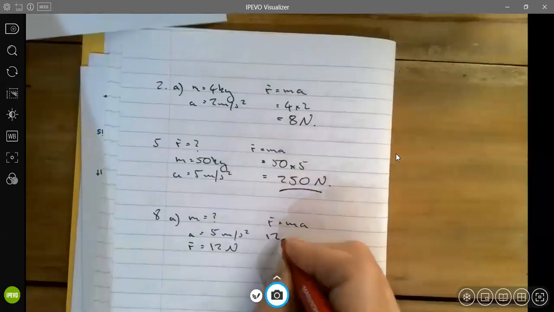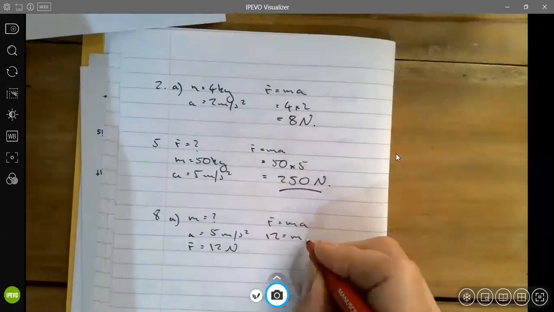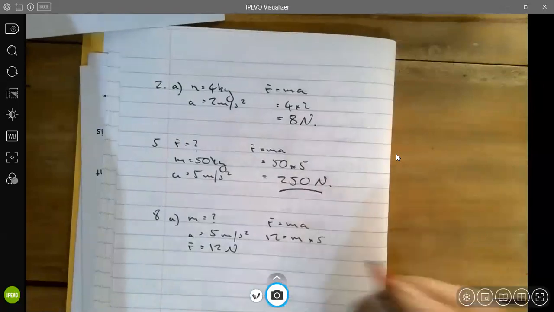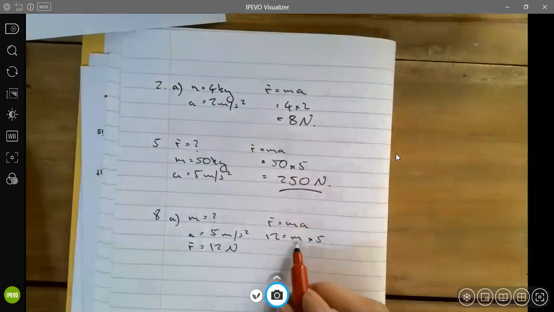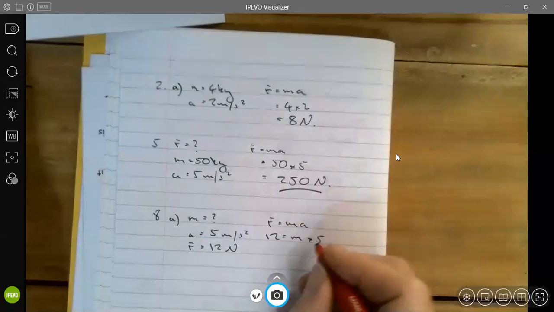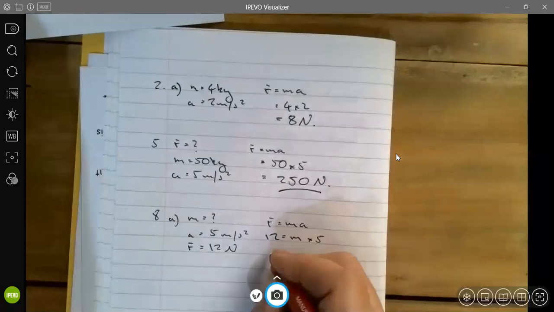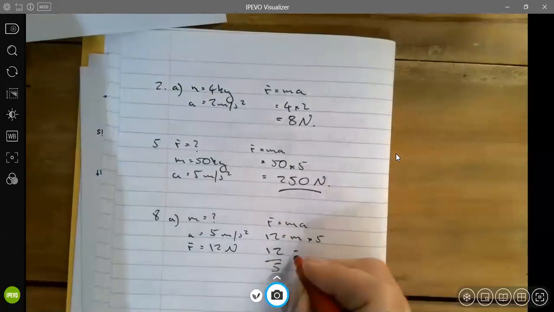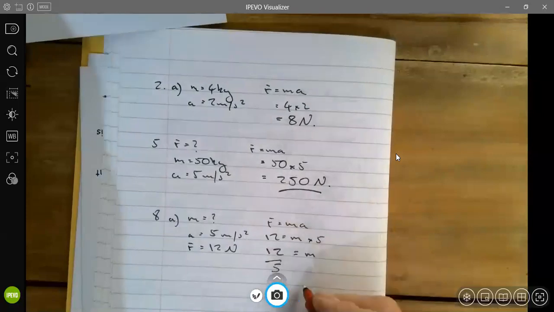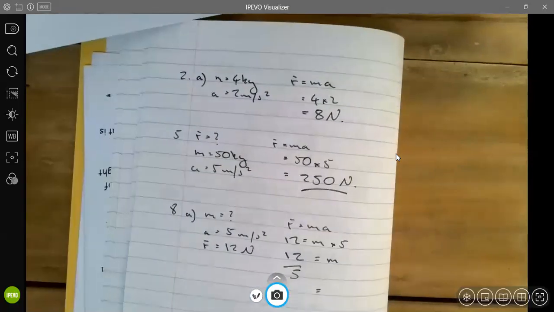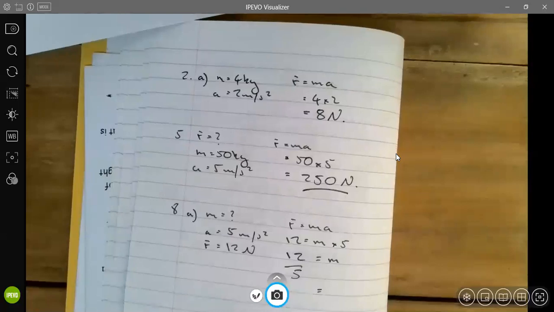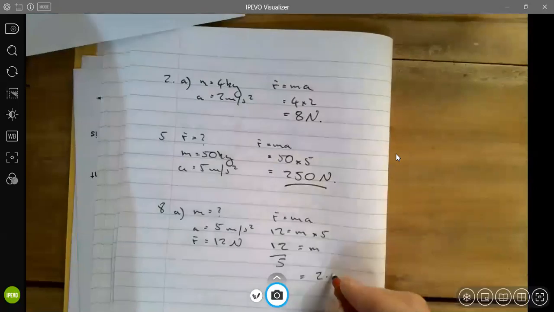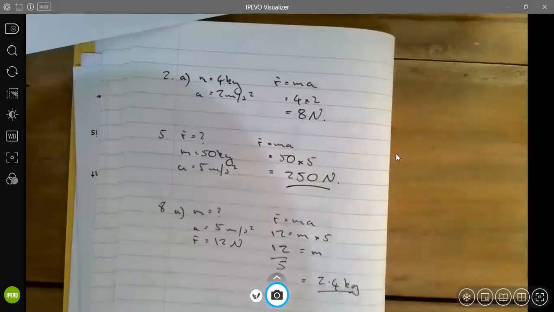So I've got 12 is equal to M times 5. I want to make M the subject, so I divide both sides by 5, and it will cancel the 5 on the right hand side, and that will leave me with 12 divided by 5 is equal to M. So M is going to be equal to 12 divided by 5, which is 2.4 kilograms.